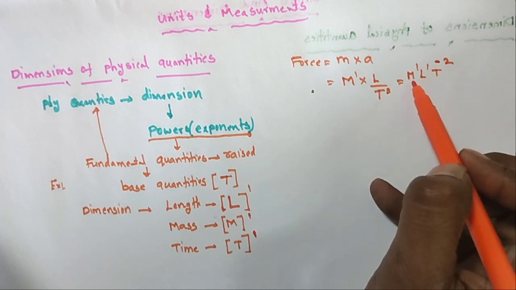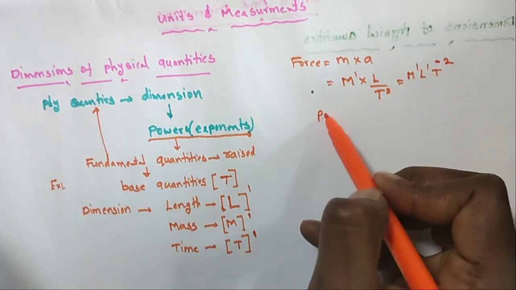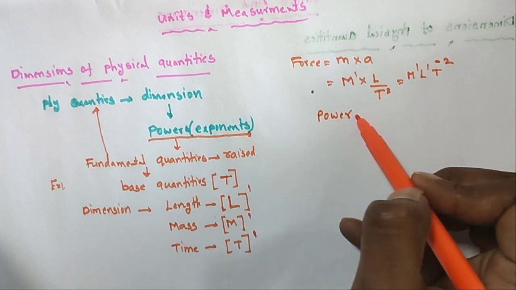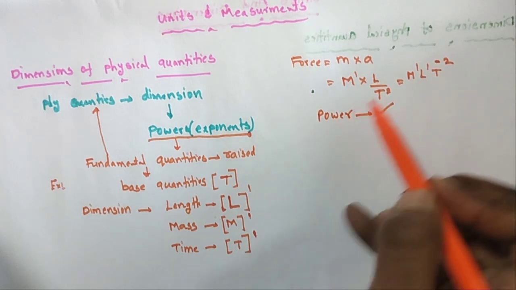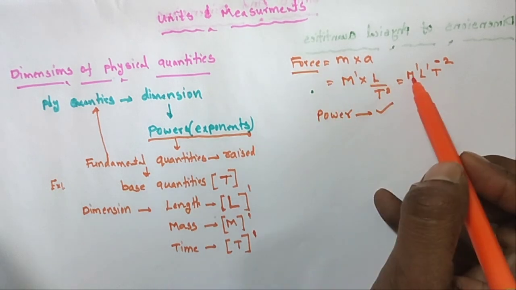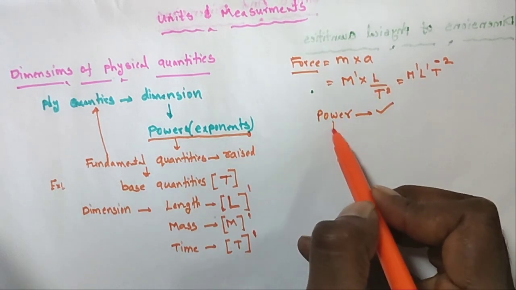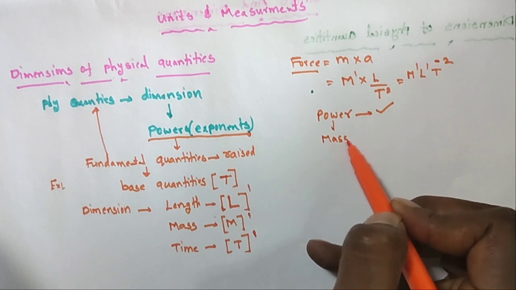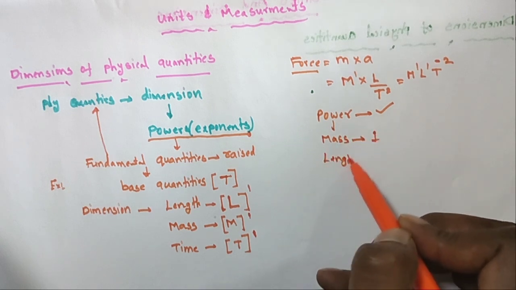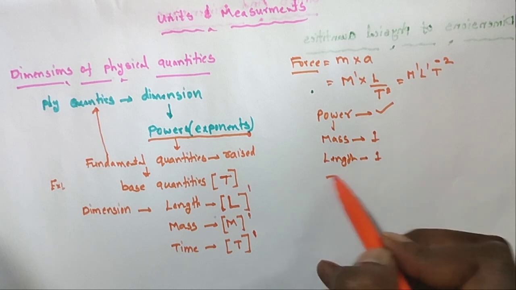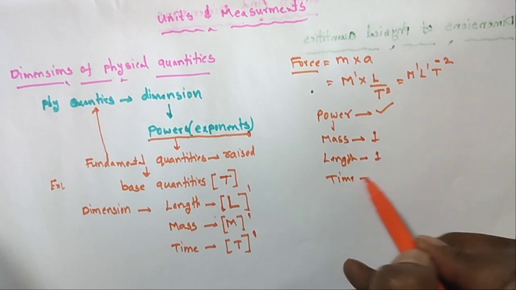What are the dimensions? Dimensions means the powers of the fundamental quantities. In force, what is the power of mass? That is 1. The power of length is 1. The power of time is minus 2.